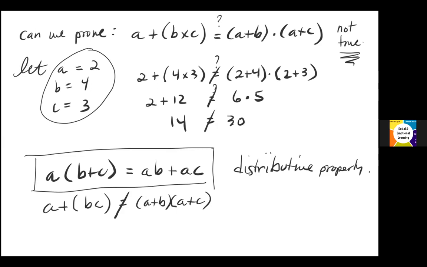That's the funny thing about proofs: just because something works for some specific numbers that you choose, it doesn't mean it's true for all numbers. So proofs are a lot harder to do when you're trying to prove something is correct for all numbers than it is to get one example and say that it doesn't work. We'll see some more proofs later on in the course.